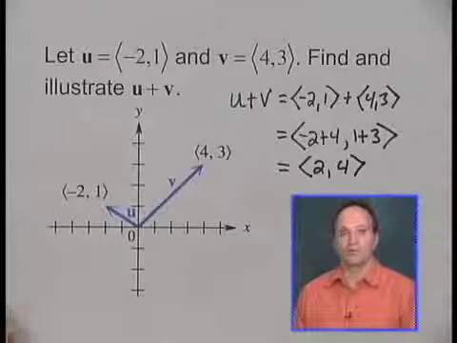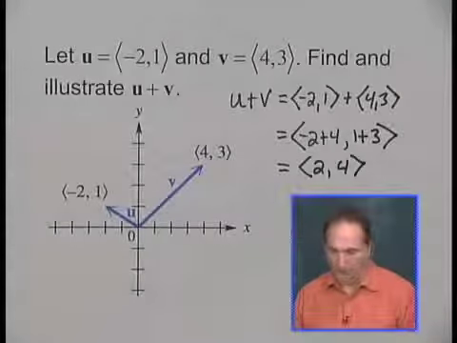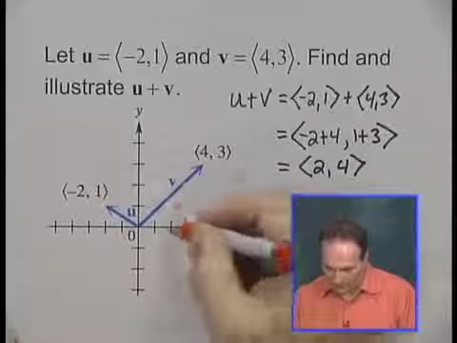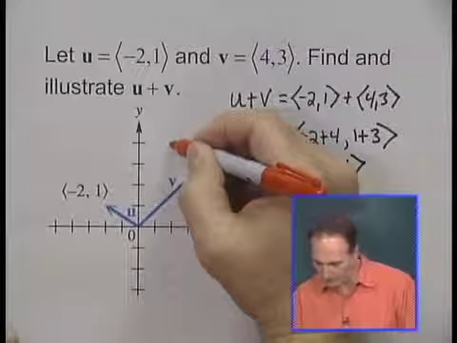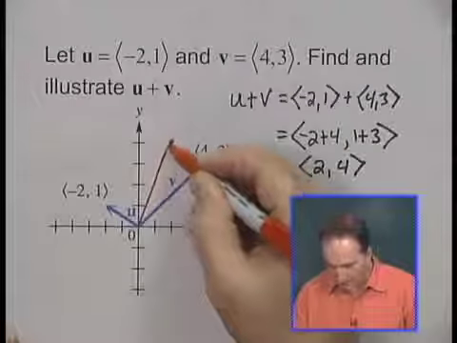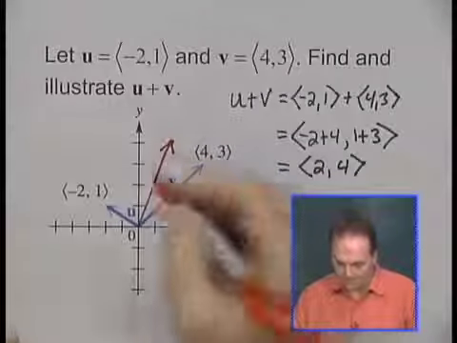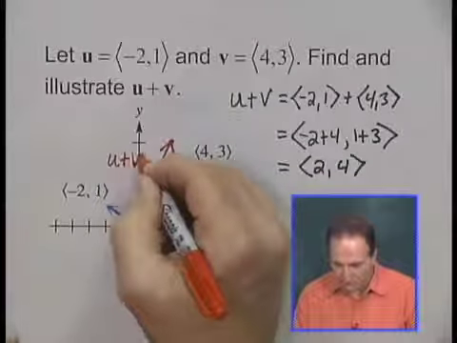And so when we illustrate that, let me grab my red pen and draw the vector 2 comma 4. And so that sum of the two individual vectors would be the vector in red, which would represent u plus v.